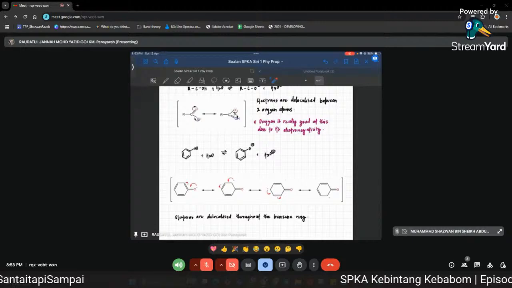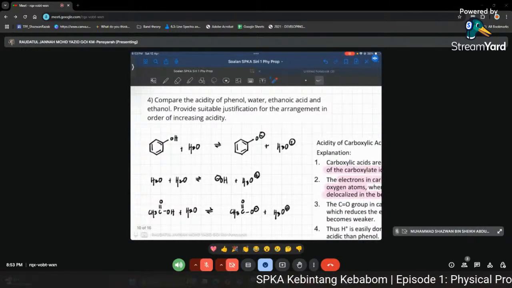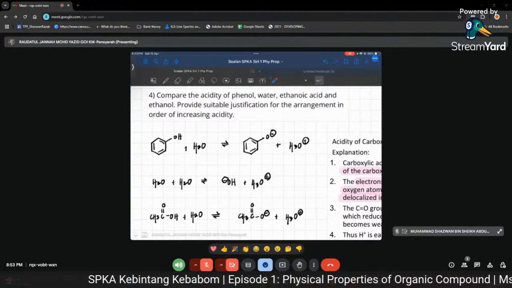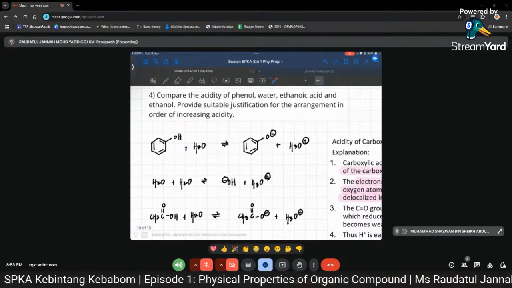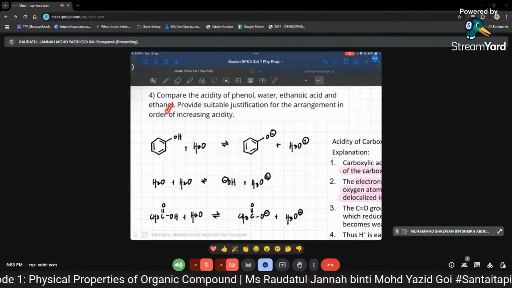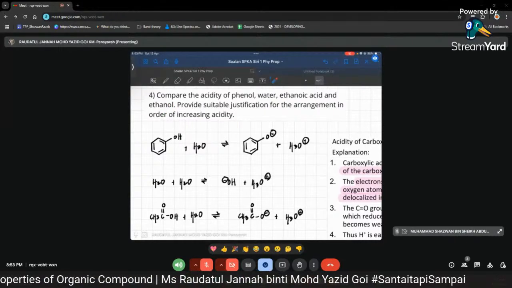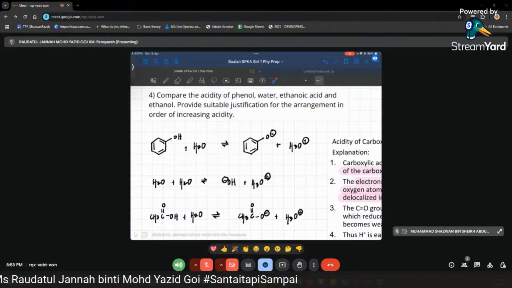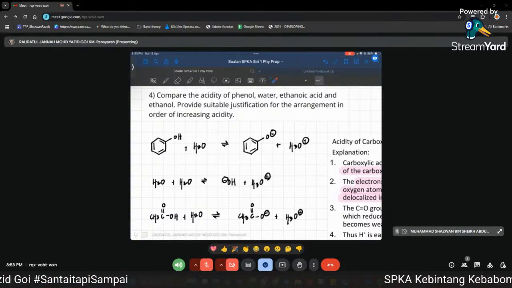Okay? So by that, let's take a look at the first question that we have here. So we need to compare the acidity between phenol, water, ethanoic acid, and ethanol. Provide suitable justification for the arrangement in the order of increasing acidity. So basically, kita kena pick which one is the most acidic among these four components you ada.